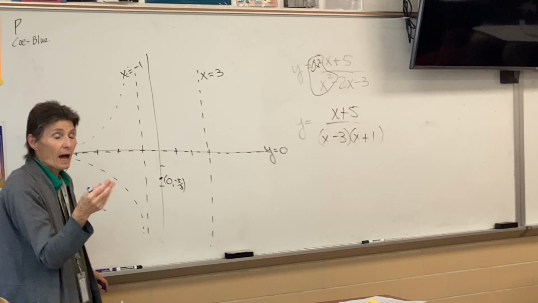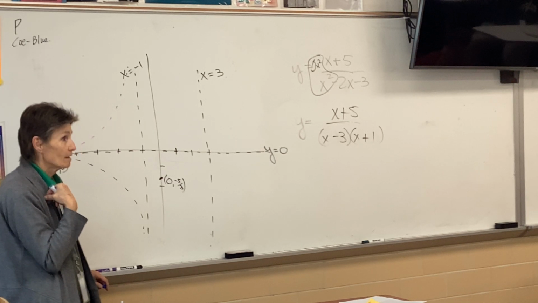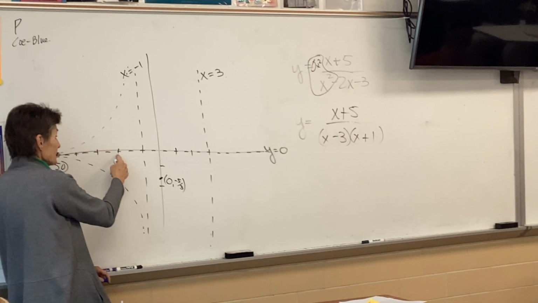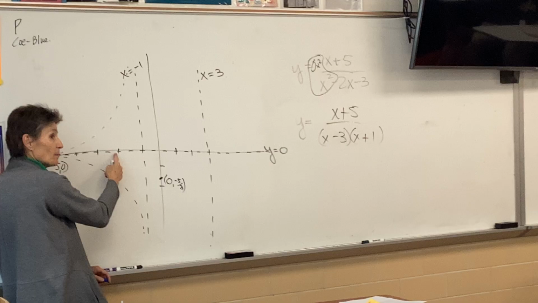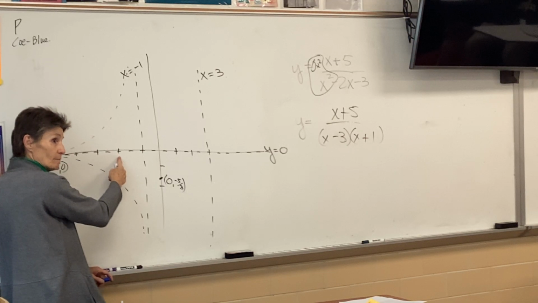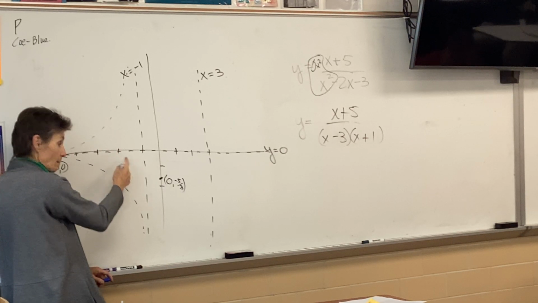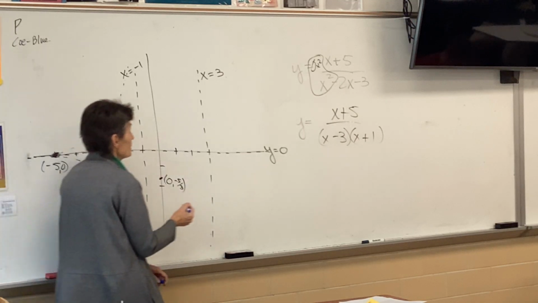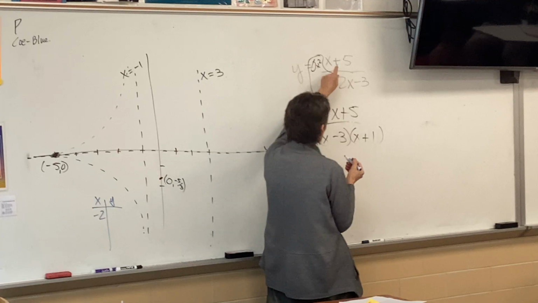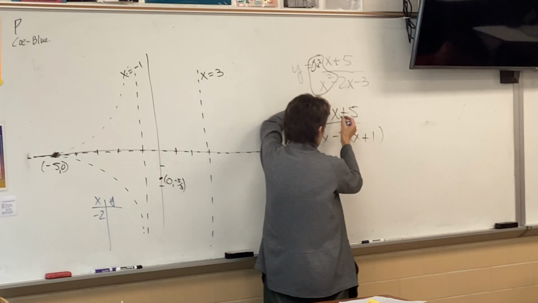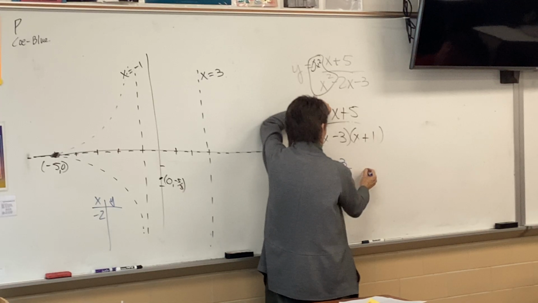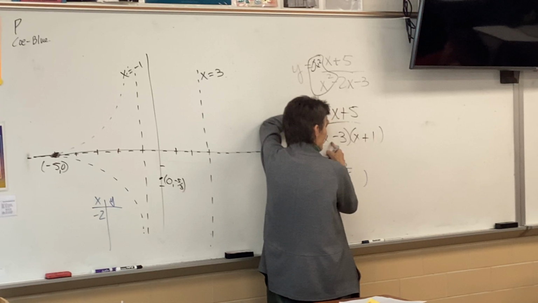I don't know. How could I check to see? I'm gonna plug in a point. That's -1, so I'm gonna plug in -2. So if I plug in -2, what's -2 plus 5? 3. -2 minus 3. -5.